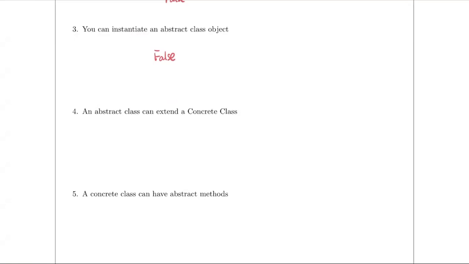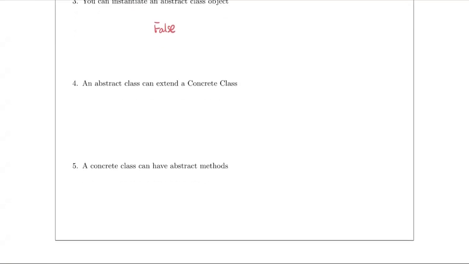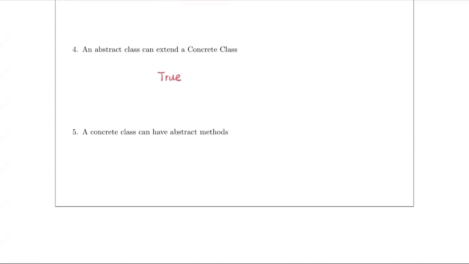Yes, an abstract class can extend a concrete class. The fifth question is: a concrete class can have an abstract method. The fifth one is false. A concrete class is not allowed to have any abstract method. Each and every method in the concrete class must be implemented.